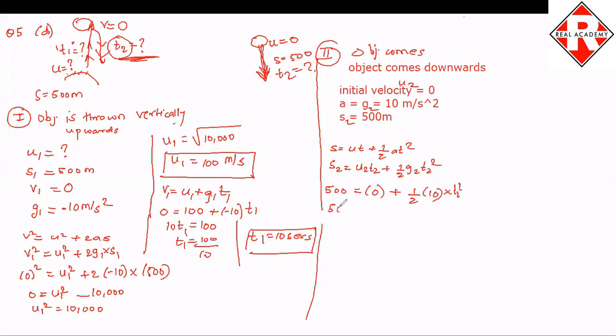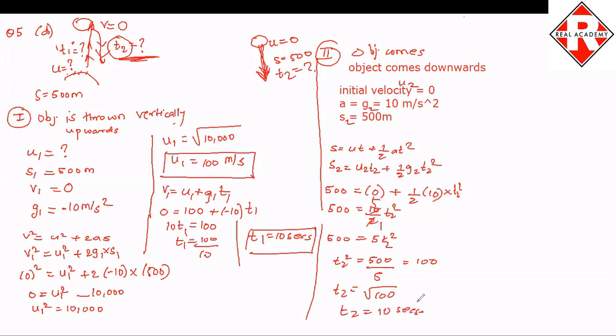So 500 equals 10 by 2 t2 square, that will be 500 equals 5 t square. So t2 square will be 500 upon 5, that is 100. So t2 is root of 100. So I have got that t2 is 10 seconds. Again, we have just used one of the kinematical equations and substituted the values.